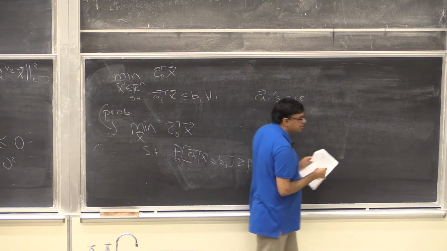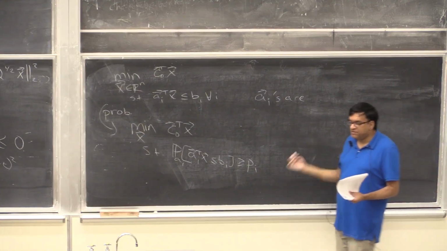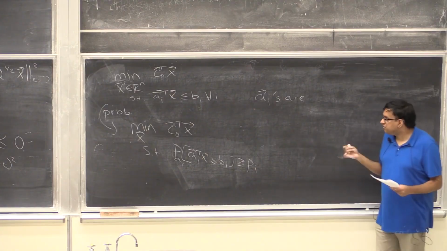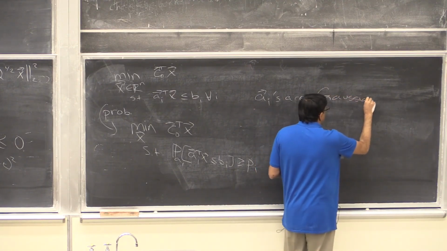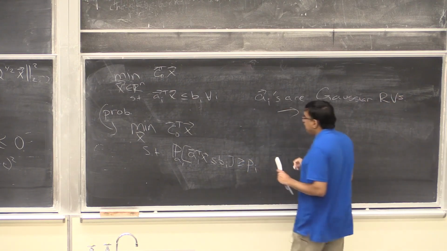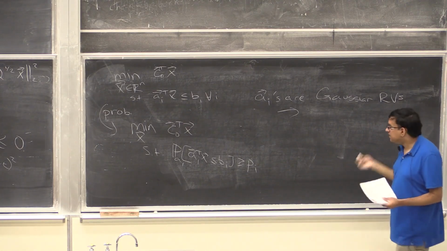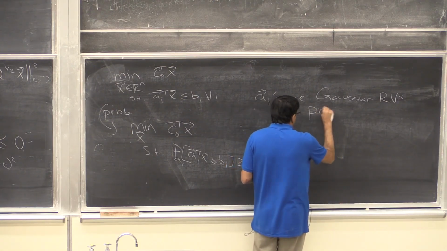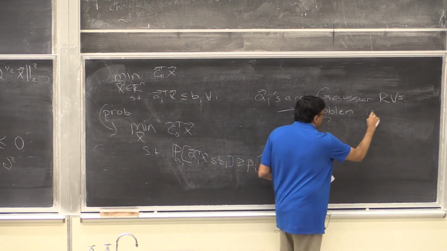In particular, if the a_i are Gaussian random vectors, random vectors being vectors whose entries are random variables, and a Gaussian random vector is just a random vector whose entries are Gaussians, this implies, and the derivation is not super long, but I cannot do it in the remaining 30 seconds I have, that this problem is an SOCP.